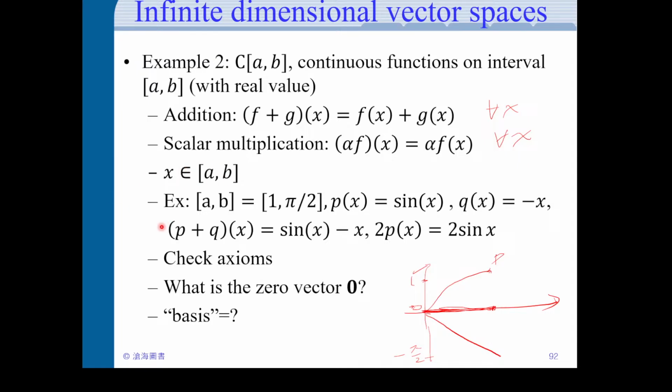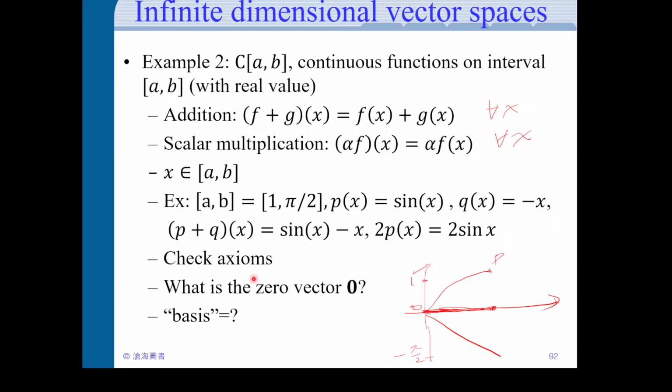For example, you can have your interval between, say, 1 and pi over 2, and you have p of x is sine of x, and q of x equal to minus x. Then p plus q of x is sine x minus x, which is just some function defined between 1 and pi over 2, and 2p of x is 2 sine of x.